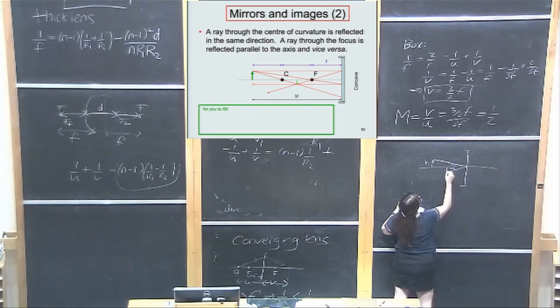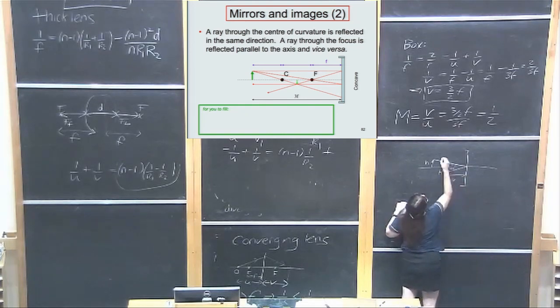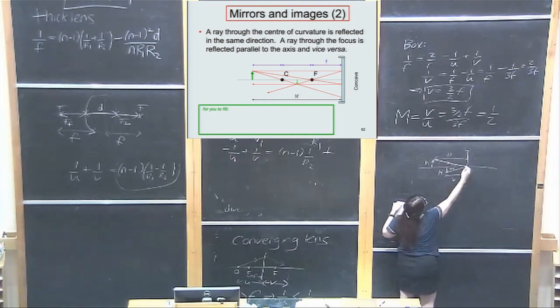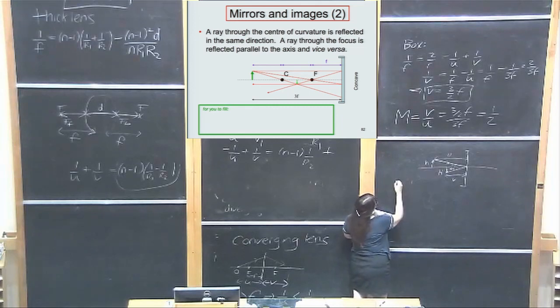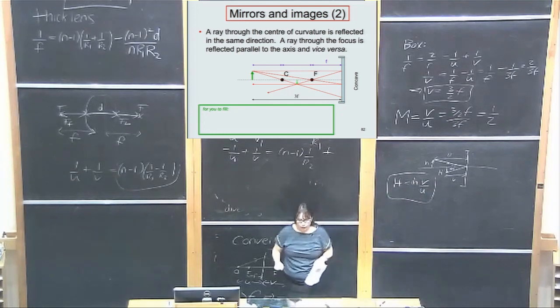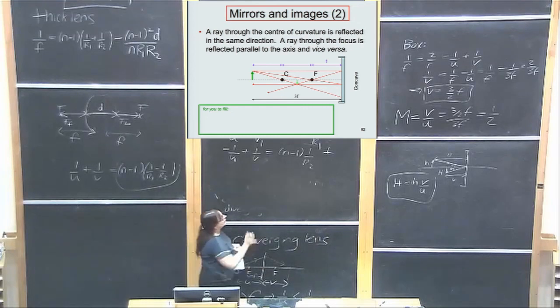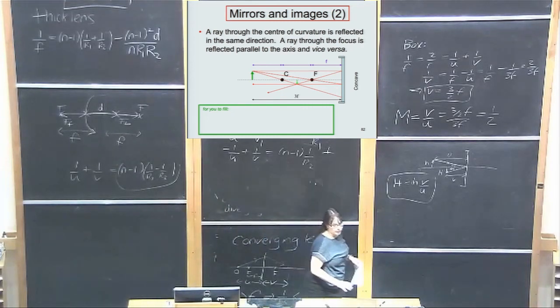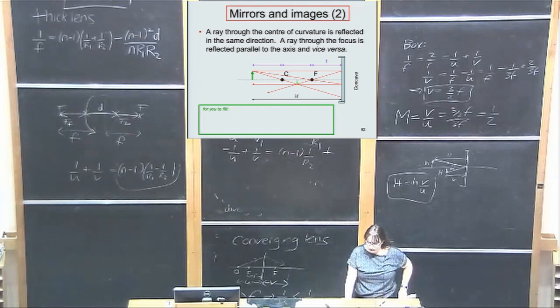And at some point, I'll have an image, right? So that is V, that is U. So this ray is just the one that's hitting the centre, coming out at the same angle. And so there, from similar triangles, hopefully you can see that just as for lenses, that's true. Okay, so in terms of magnification, and indeed the equation it satisfies, mirrors are very much the same as lenses in the way that they behave.